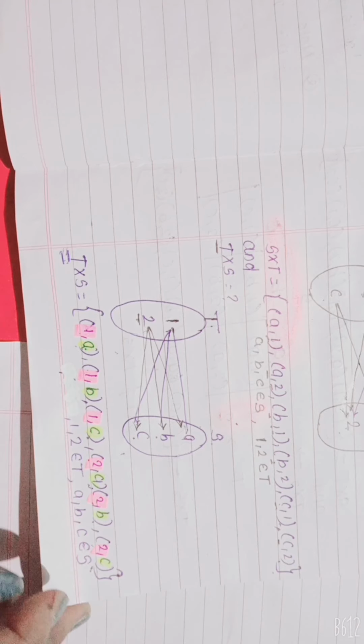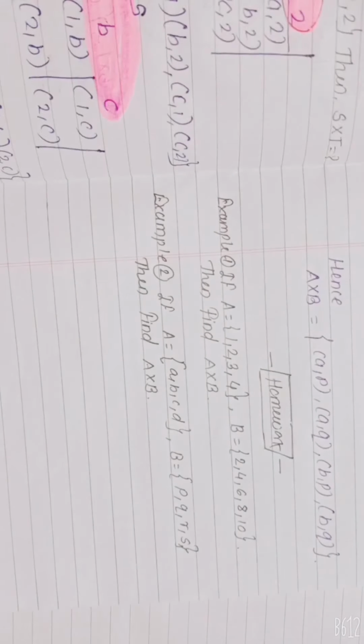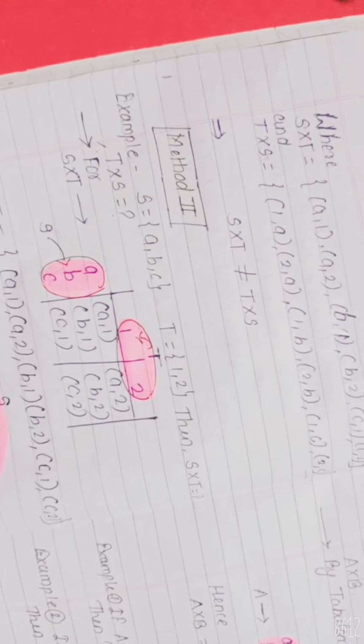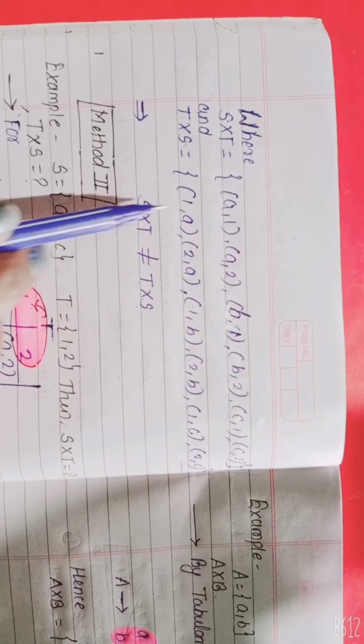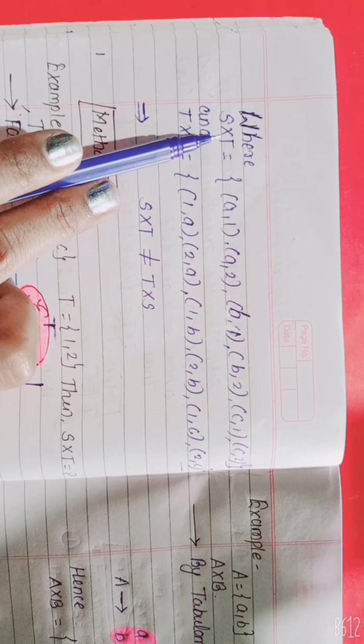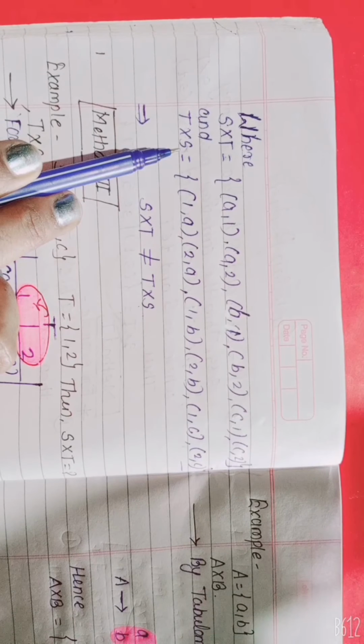Okay, all the Cartesian products depend on this order. So we conclude here that the Cartesian product S cross T is not equal to the Cartesian product T cross S, right?